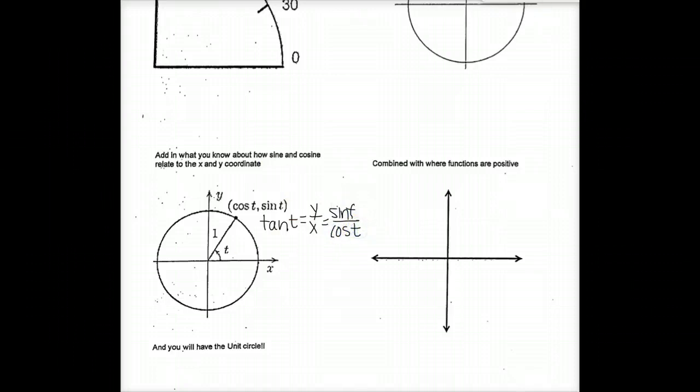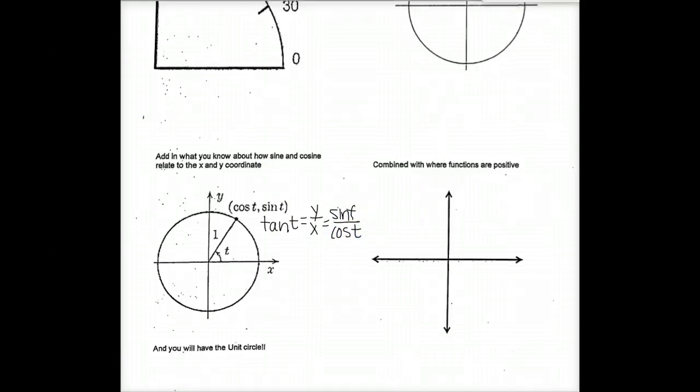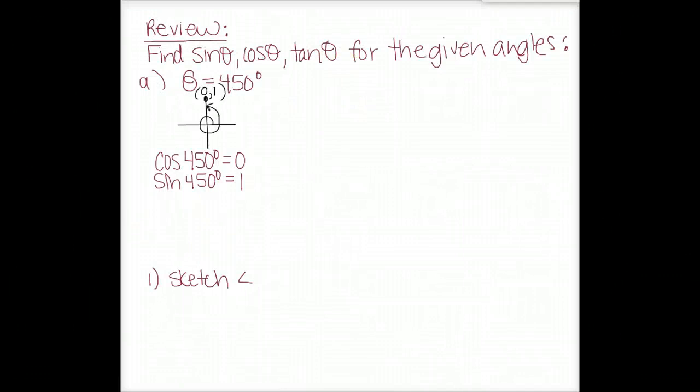So that's what we're going to be using here. So tangent of 450 degrees I would get by taking the y-coordinate, or the sine, divided by the cosine. So in this case I would do this.